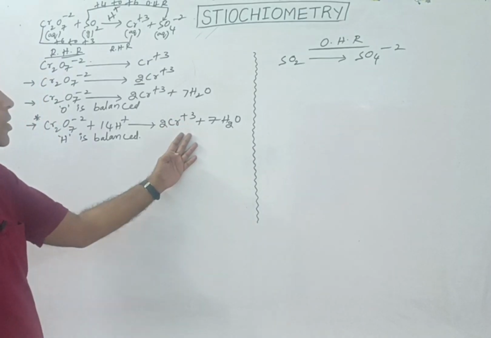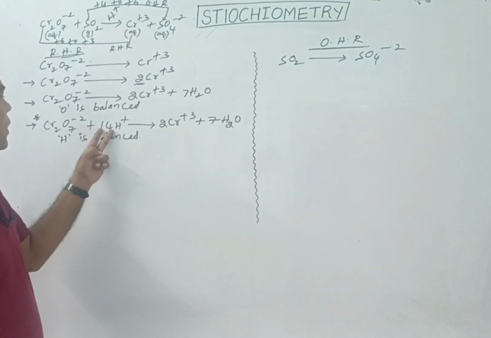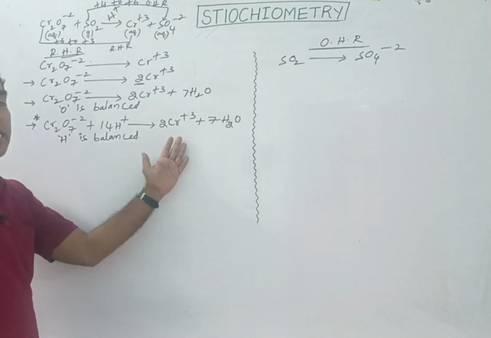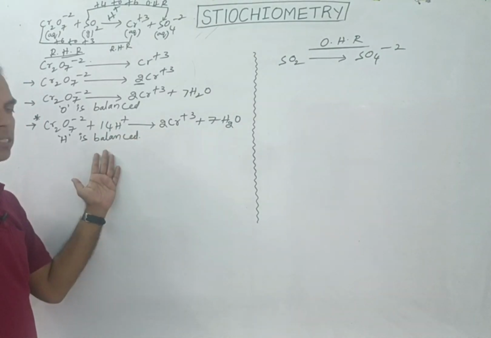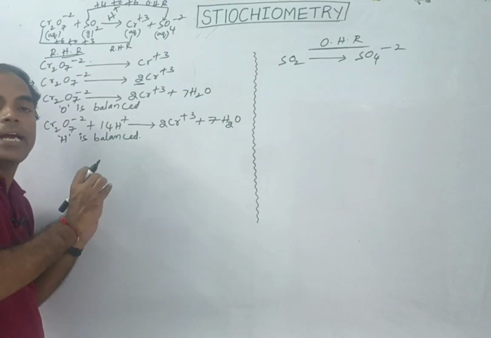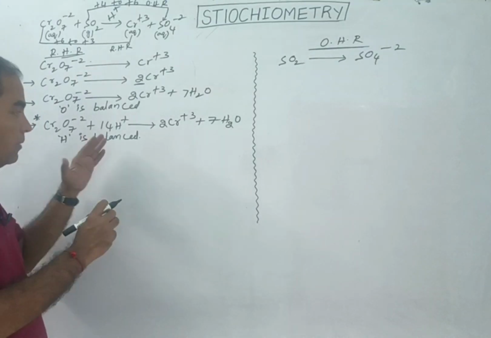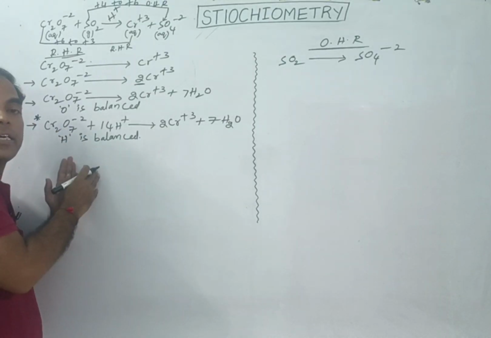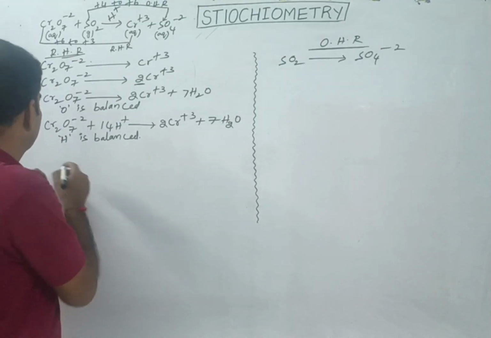Here 12 positive, here 6 positive. When the numbers are not equal, we add electrons, on the left side. How many electrons are we adding? Here 6 electrons. Right?